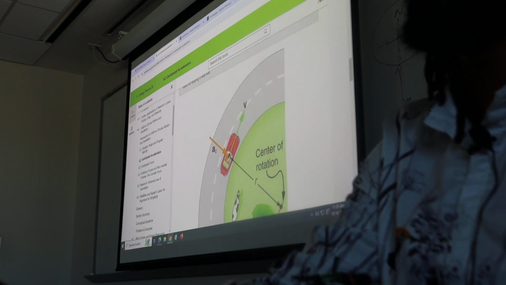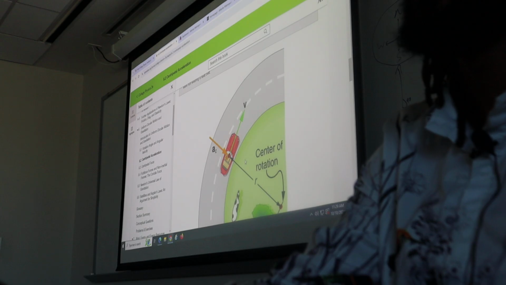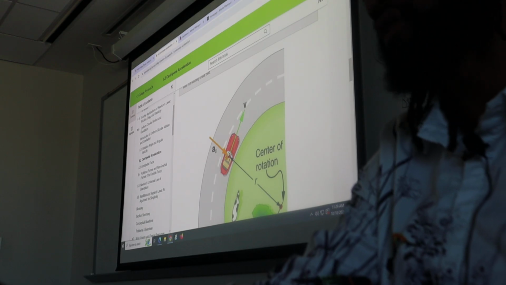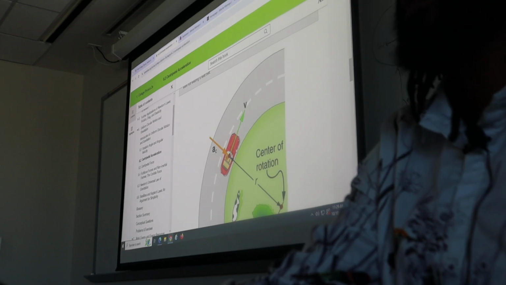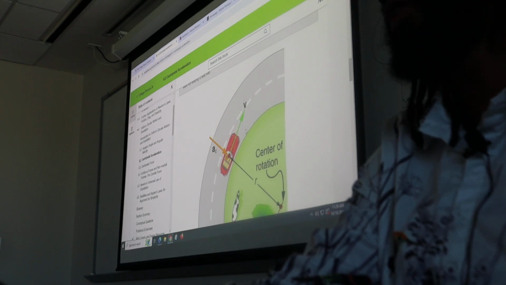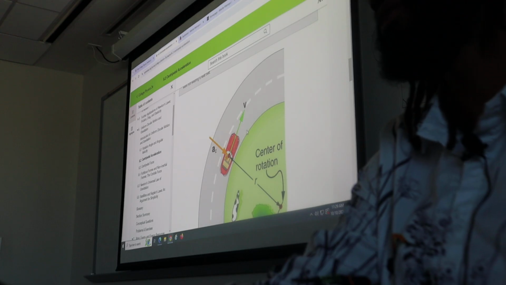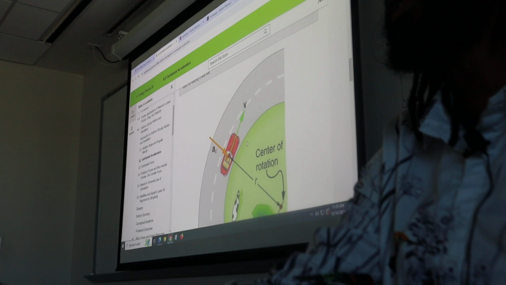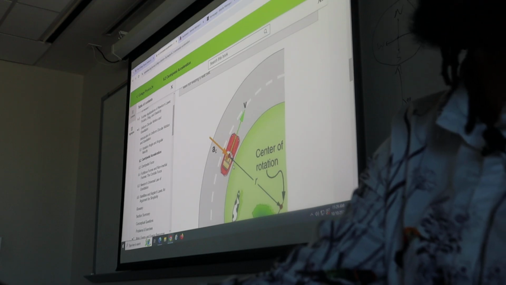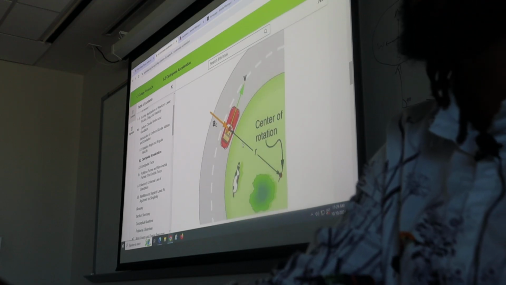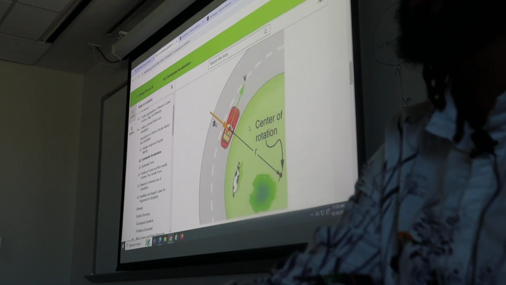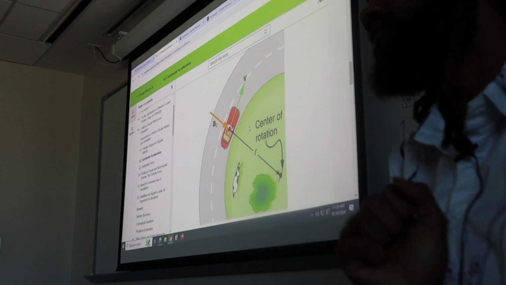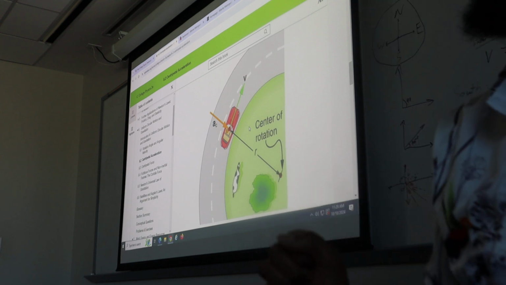Then we start looking at the car. If I'm moving around this curve, since you're turning your tires, the car wants to go around the curve. But there's also a force that pushes you outward, and we'll talk about that too. I'm sure you've experienced it when you're in a car and you turn real fast and then you go the other way.